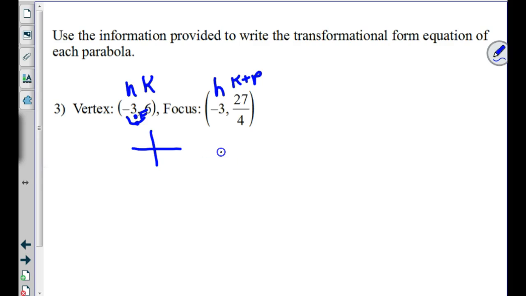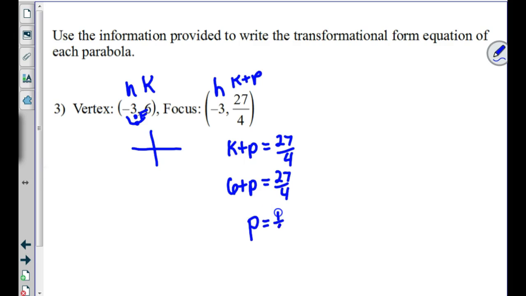Okay, so k plus p equals 27/4, but we already know k is what? So if I subtract, I think I get 1/4. Someone check me. 27 divided by 4 minus 6. What is it? 3/4? Yeah, it's 3/4. Thank you.